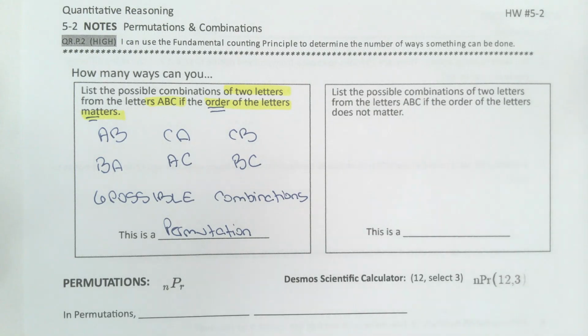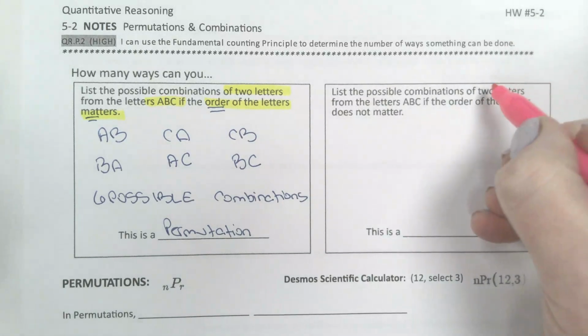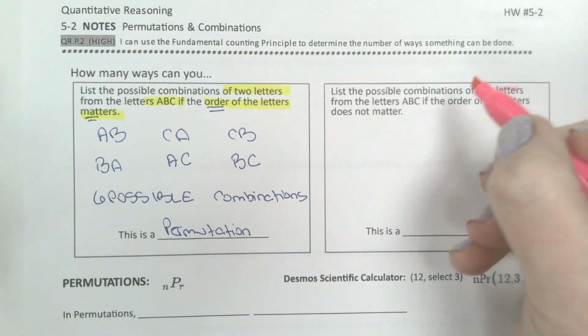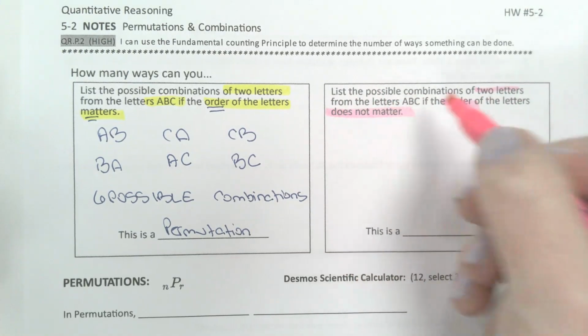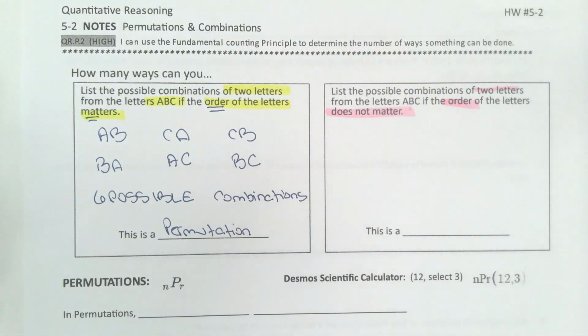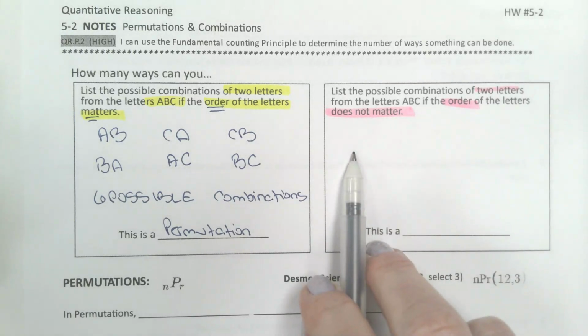In the next one, it says, how many combinations of two letters if the order does not matter? All right, so let's start it off.